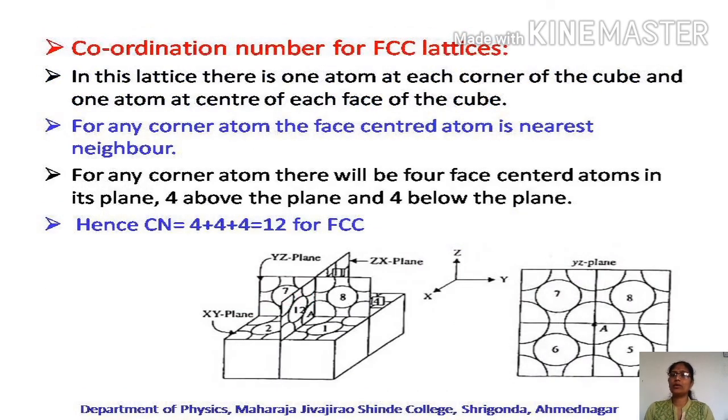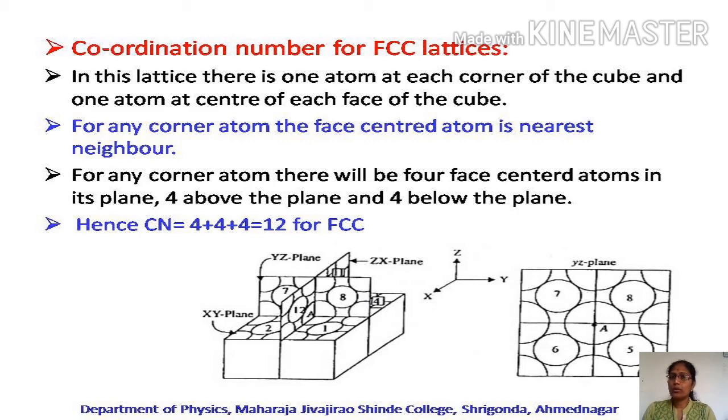Moving towards calculating the coordination number of FCC, we know that in case of FCC, there are 8 corner atoms and one extra atom is located at the center of each face. If we consider the nearest neighboring atoms, then for a given corner atom, the face-centered atom is the nearest one. If we calculate the equidistant nearest neighbors in case of FCC, then a given corner atom will have 4 such face-centered atoms in its plane, 4 above its plane and 4 below its plane.